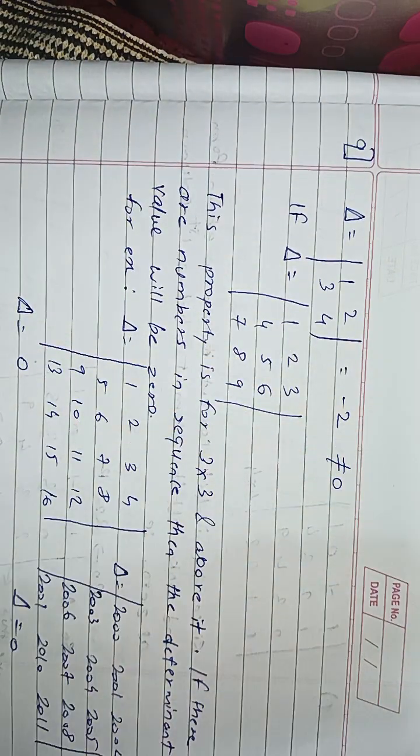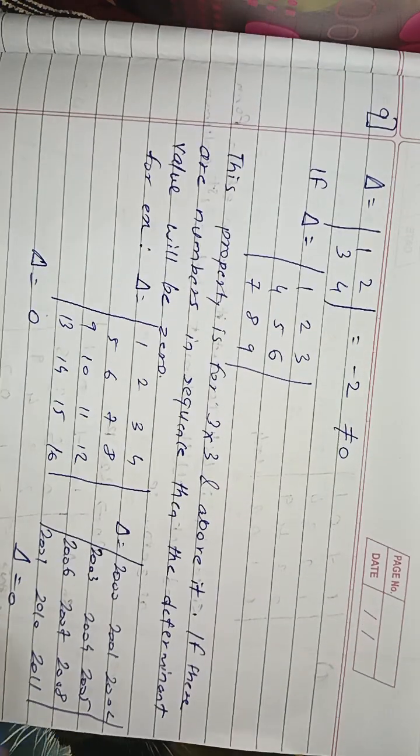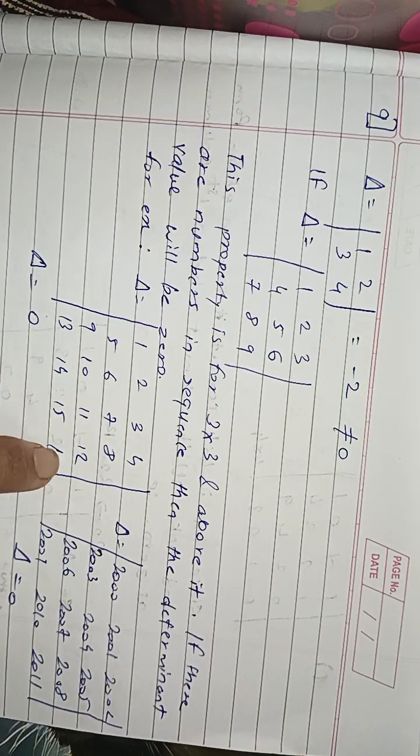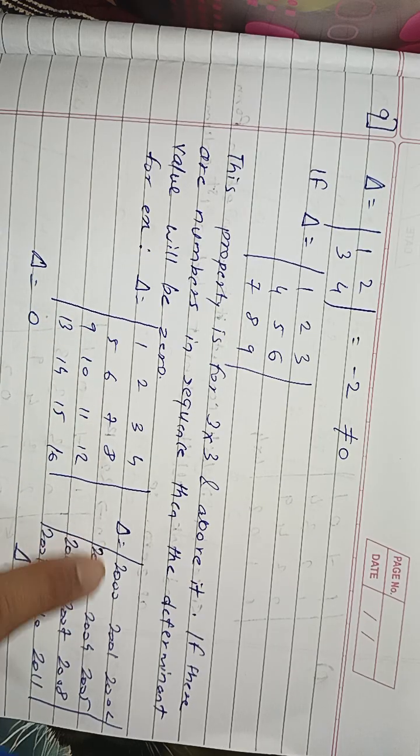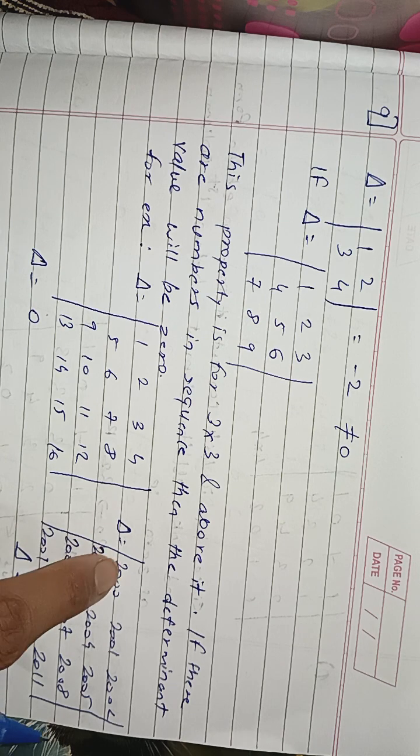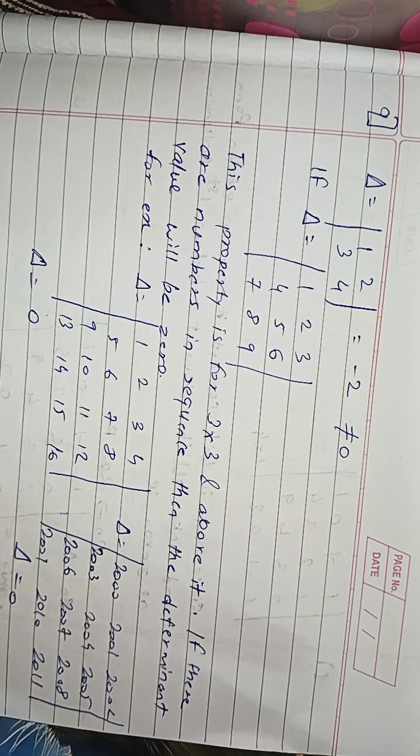It can be of any order: 1 2 3 4, 6 7 8 9, 10 11 12 13 14 16, 2000 2001, anything. If it is in sequence, the determinant will always be 0.